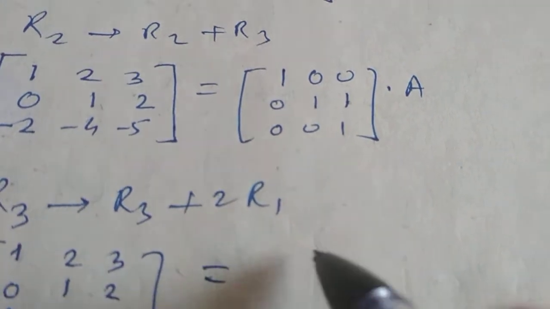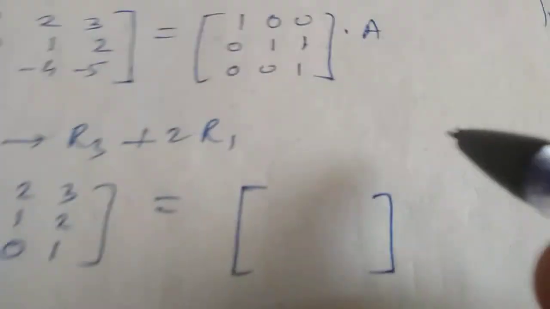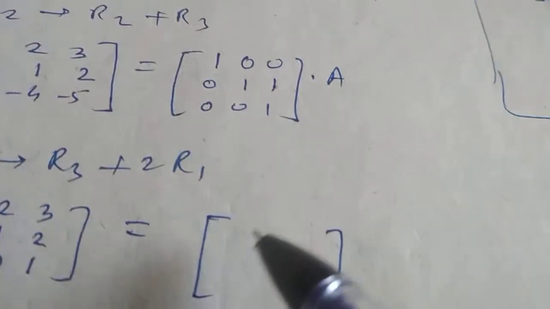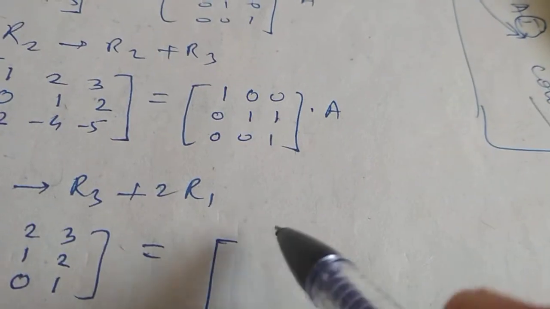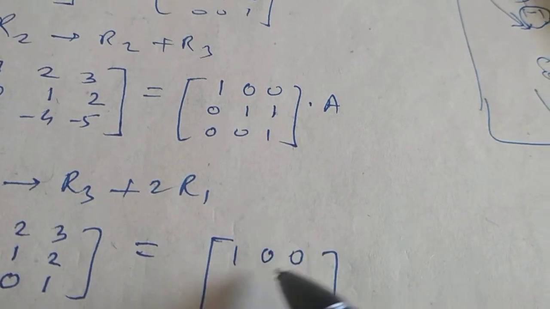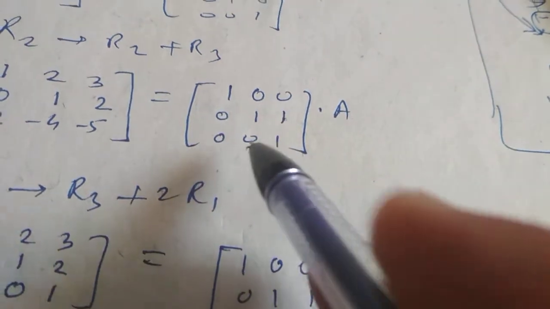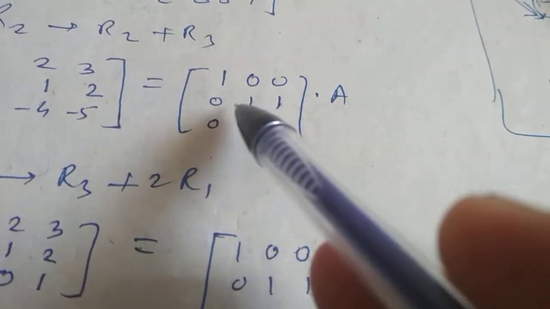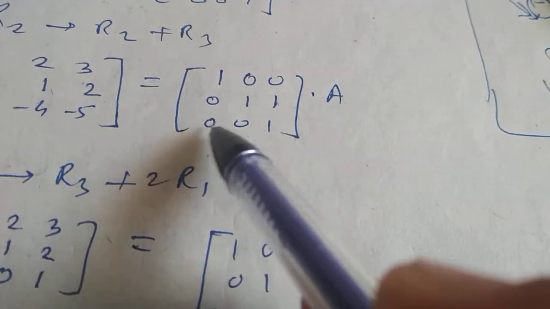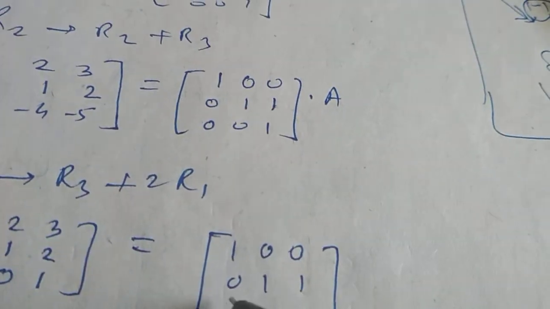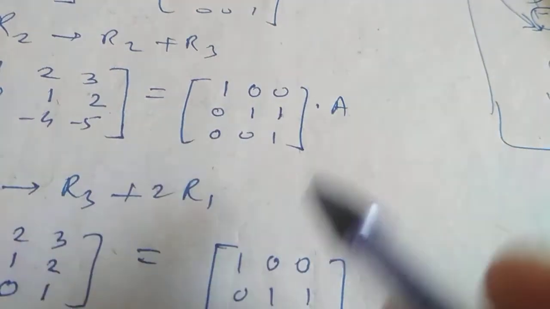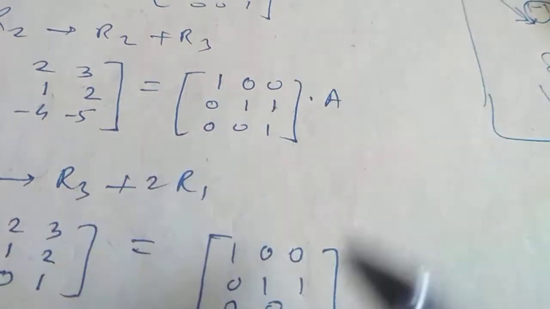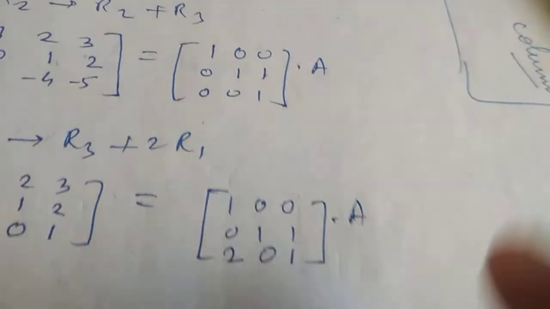So luckily we are getting the other entries also very soon. Only the third row is changing: third row plus 2 times R1. So 0 plus 2 times 1 is 2, 0 plus 2 times 0 is 0, 1 plus 2 times 0 is 1, dot A.